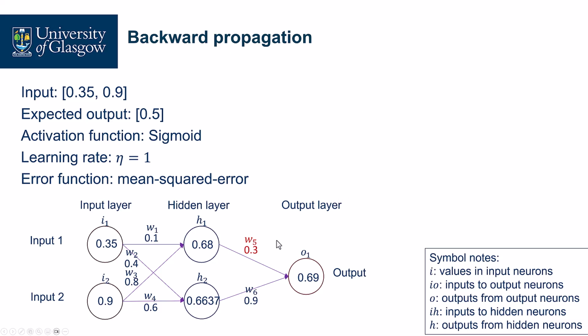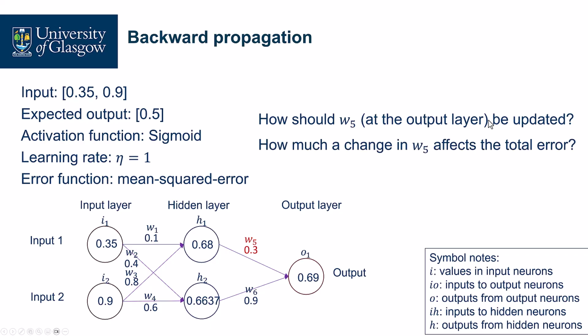So now let's first update W5, right? How can we update it? Before that, we need to understand how much a change in W5 can affect the total error by calculating the error function or the loss function, right? This needs knowledge of calculus. So I can explain it here.